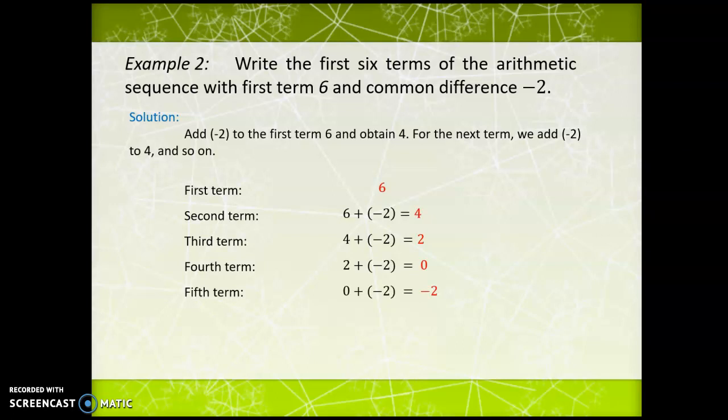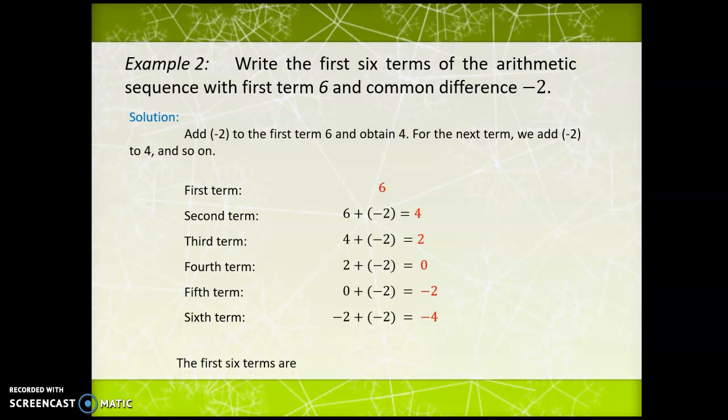And then your sixth term is negative 2 plus the negative 2, which is equal to negative 4. Okay, do you follow? Okay, thank you.